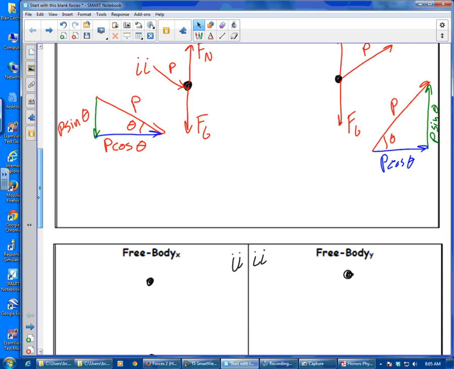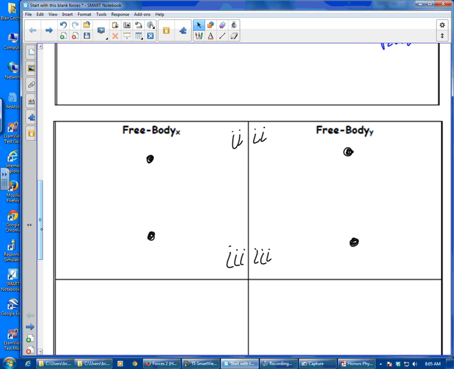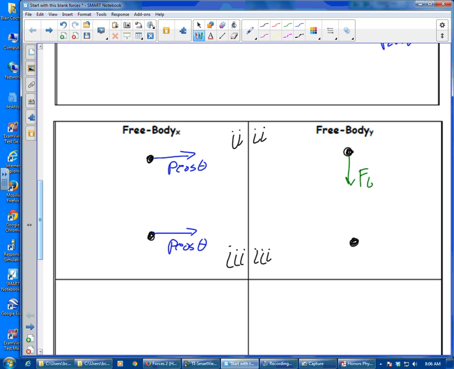And horizontally, I have P cosine theta and P cosine theta. Vertically, F sub G, force normal.